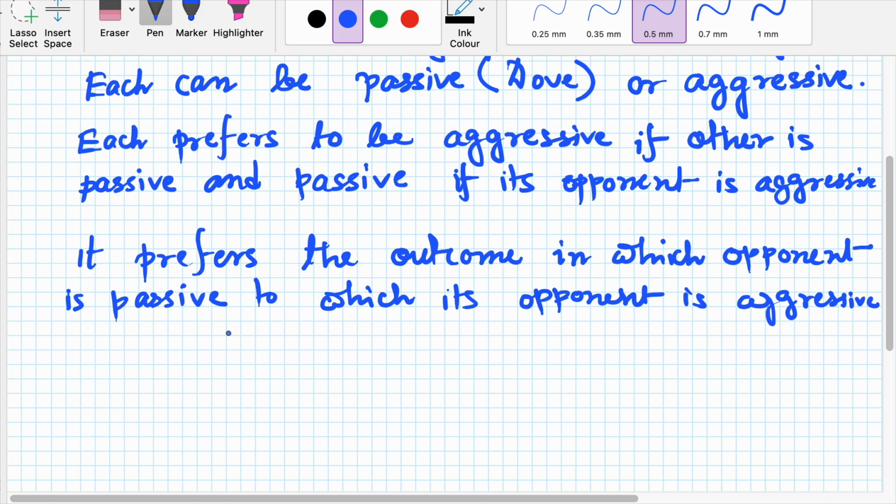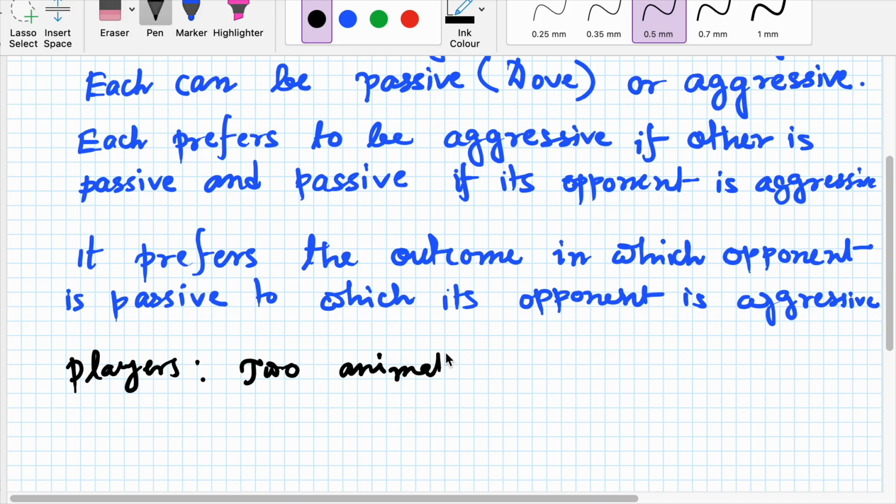So let's see how we can represent this. One passive strategy is dove. What are the strategies available? What are the actions? What are the players? First, the players are two animals who are fighting, two animals in a conflicting situation.